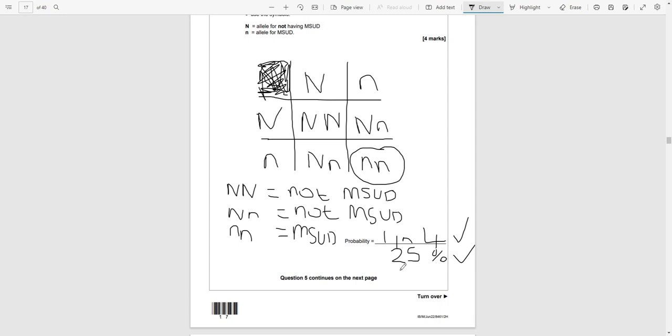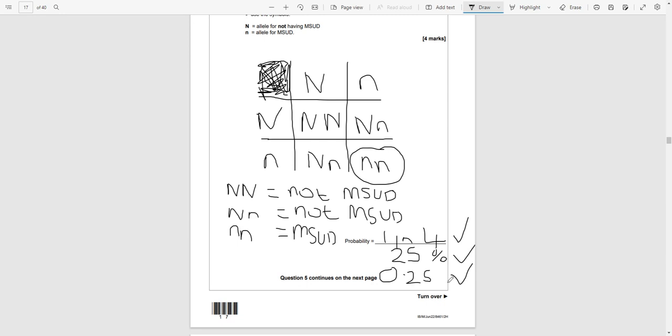And if we want to show it as a decimal, we can show it as 0.25, which is also the same as 1 in 4 or 25%, which would also get me a mark. I think it is probably easier to display your final answer as a percentage, but as I say, any of those will get you a mark equally.